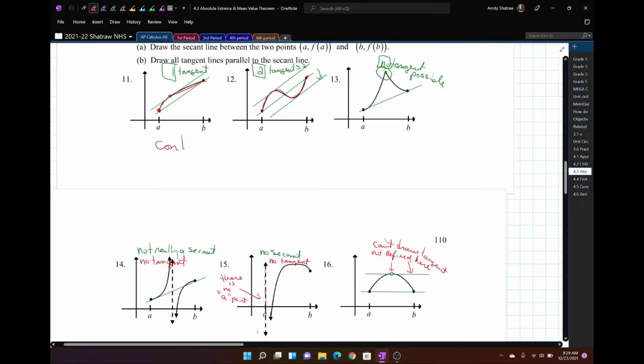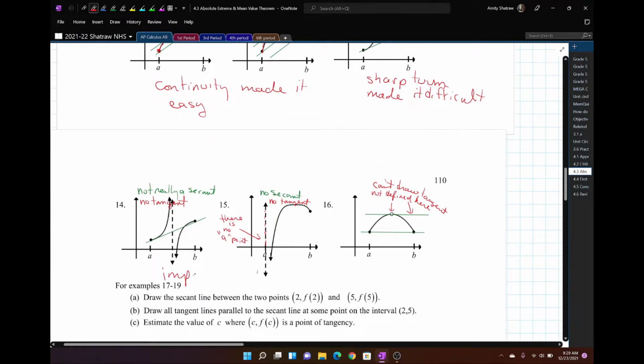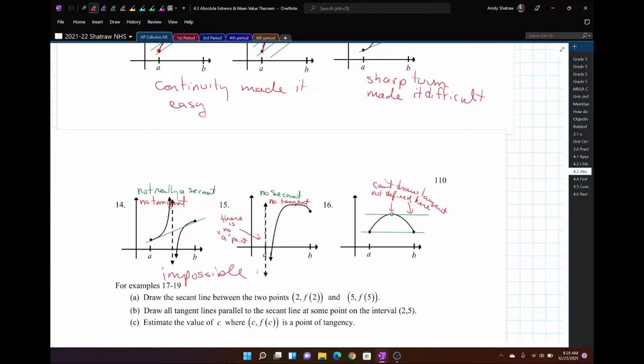So continuity made it easy, and sharp turns made it difficult. And over here we found that they were impossible for various reasons.